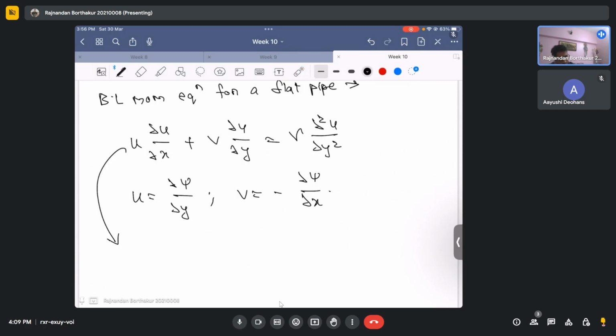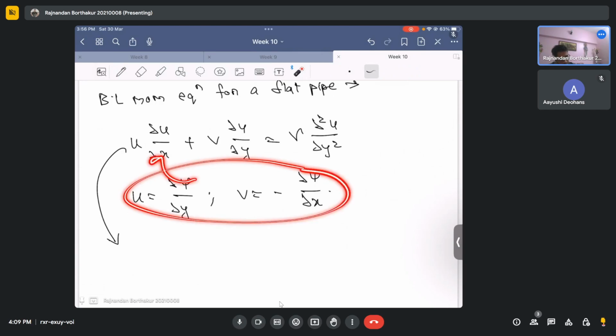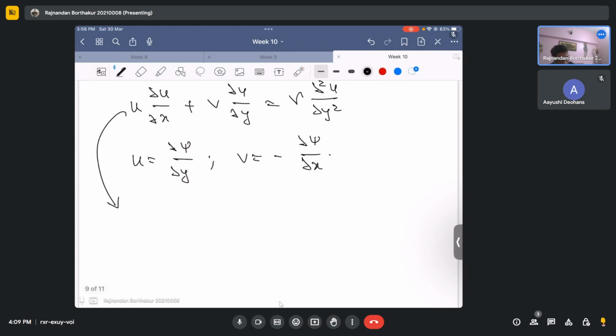Now we will incorporate these forms of the stream function into the velocities u and v and their derivatives. So this would be del psi by del y, times del u by del x, which becomes del x of del psi by del y.